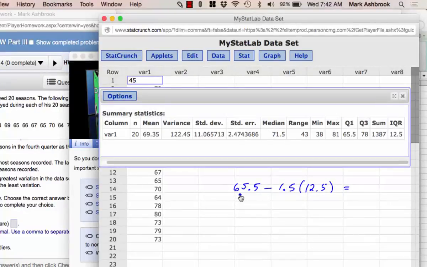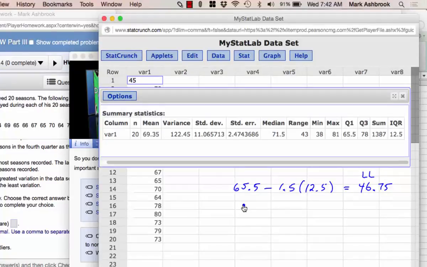So 65.5 minus 18.25. 47.25. Is that right? 46.75. 12.5 times 1.5 is 18.75. Okay, that was my number. So 46 point what? 46.75. Okay, so that's our lower limit.